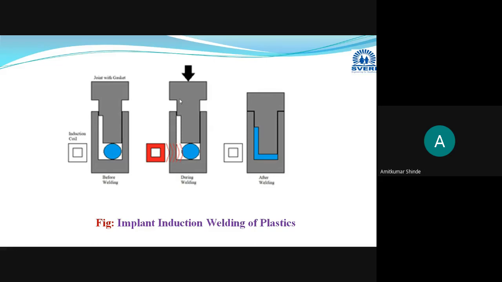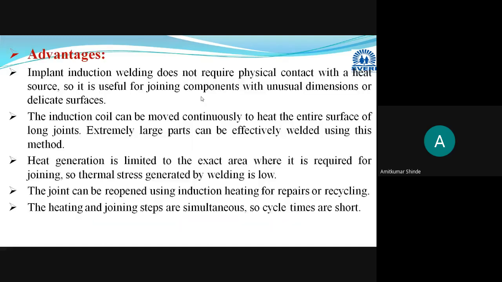This is the disadvantage. The electromagnetic adhesive material we are using here to create this joint is costly, and depending on the design of the joint, you have to design some tools, so it will be a little bit expensive. These are some disadvantages of that process.